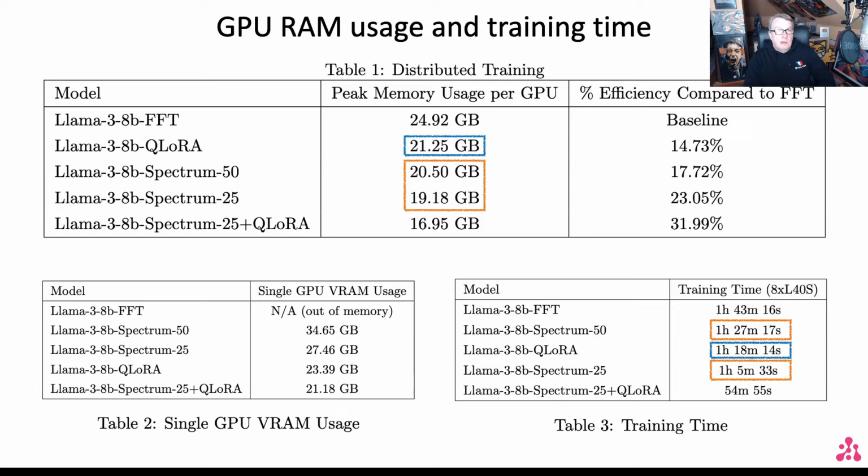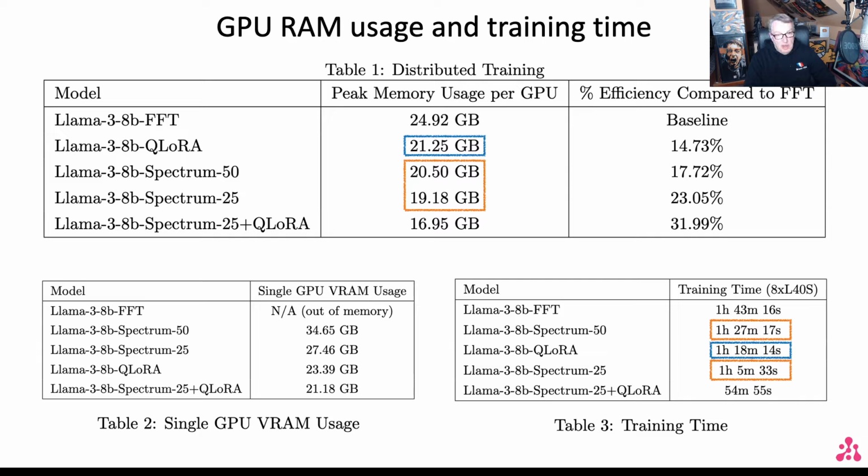8b. So you can see that memory usage is pretty competitive between Spectrum and QLoRA. And if you look at single GPU usage, you see that QLoRA is doing actually better.